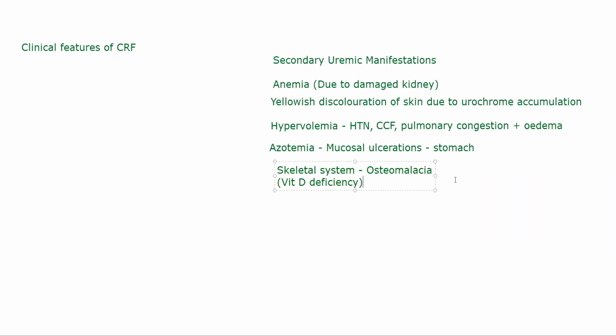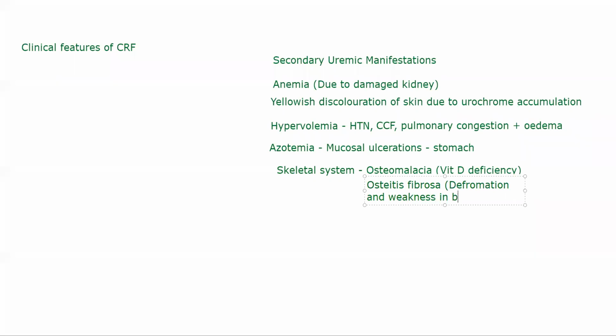Osteitis fibrosa is a condition in which bones become abnormally weak and get deformed. They will lose their proper shape and their rigidity. So along with osteomalacia, the patient will also have osteitis fibrosa. There will be deformation and weakness in bones.